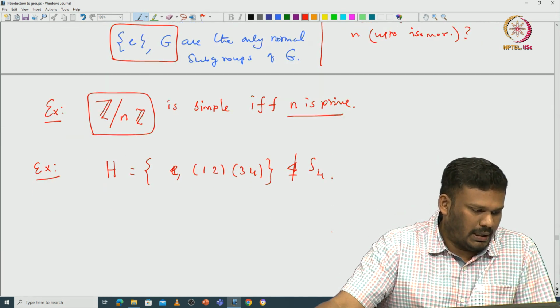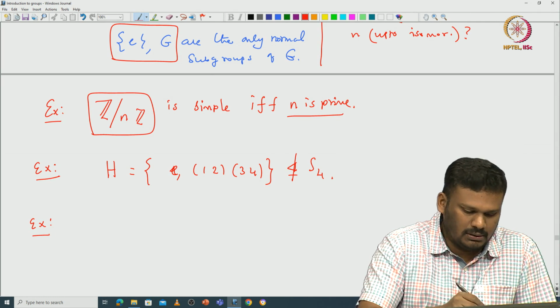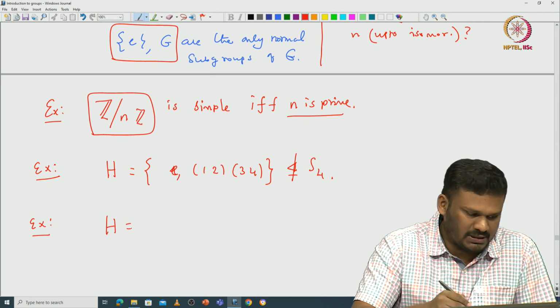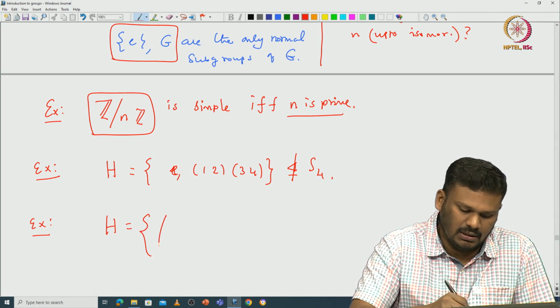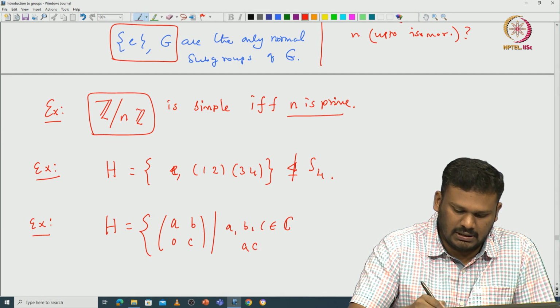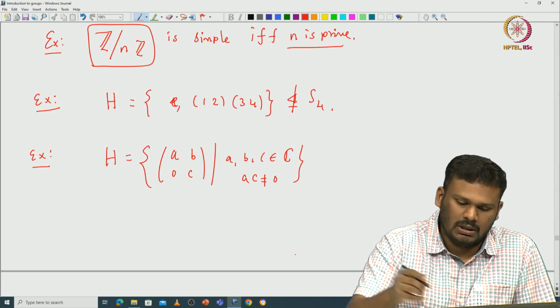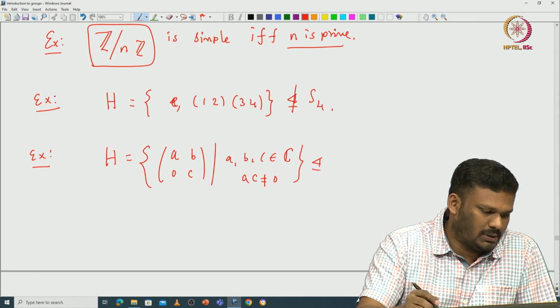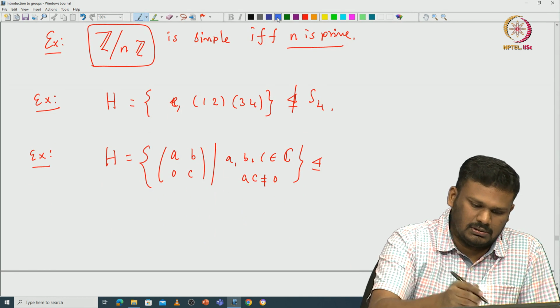Here is one more example. It is the group of upper triangular matrices inside GL2R or GL2C. You take A, B, C, where A, B, C are, let us say, complex numbers such that AC should be non-zero because the determinant should be non-zero. Then is this a normal subgroup or not? Maybe you can check this.